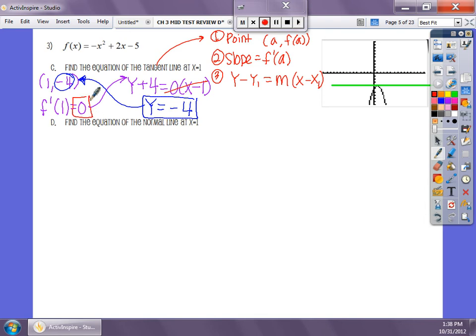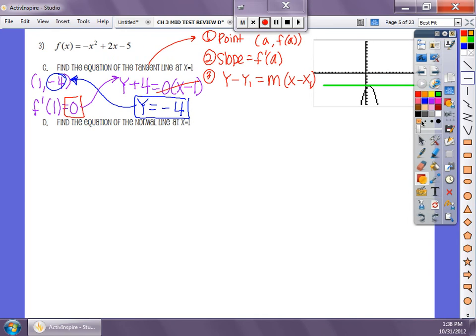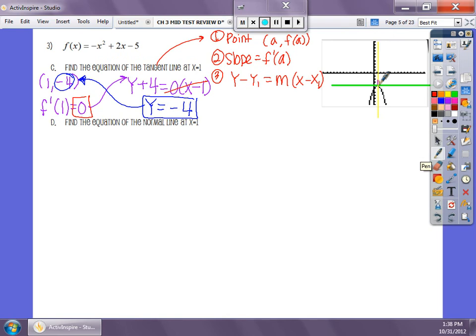Now, if I'm asked to make the normal line equation, now I get this guy, which I'll do in yellow, coming down this way. And so the normal line is perpendicular to the tangent line. The tangent line was y equal to negative 4.